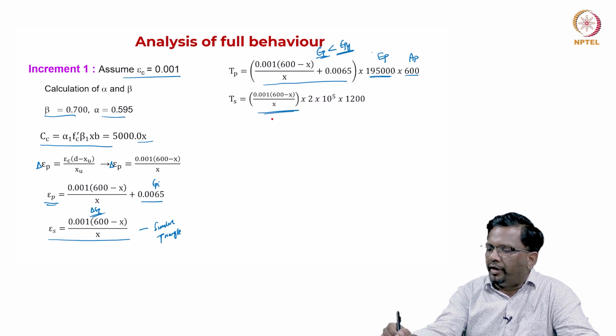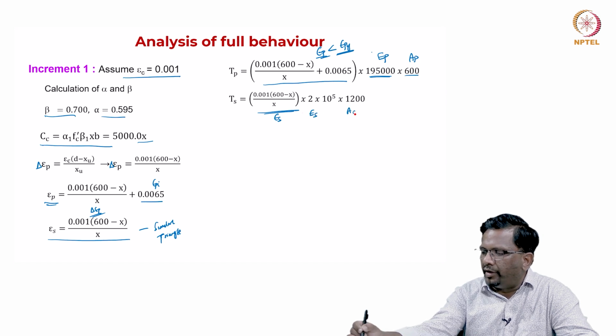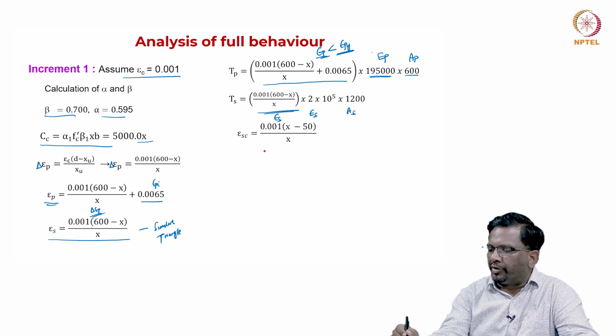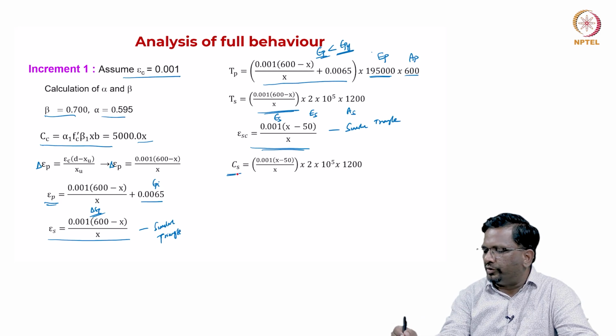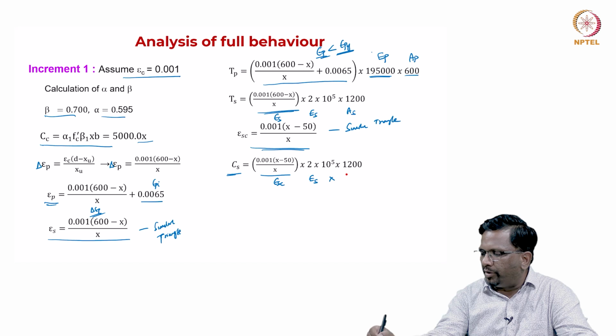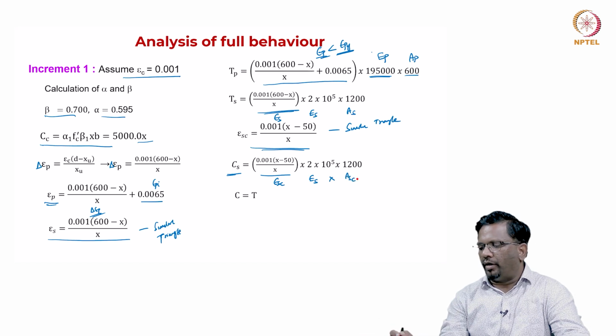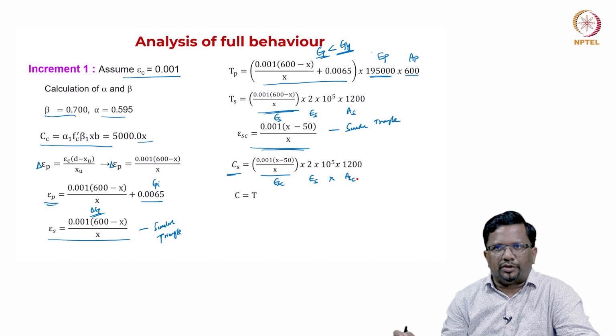basically again epsilon s Es multiplied by area of steel. And compression steel strain is again from similar triangles, right, and compression force is again strain epsilon SC times ES multiplied by ASC. Now, compression force should be equal to tension.